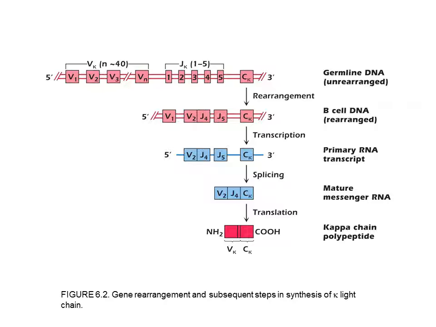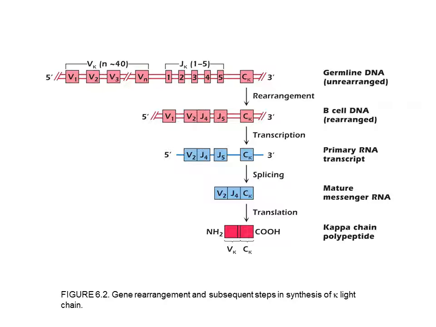In V we have roughly about 40 different sequences. In J we have about 5, so we pick up in J only 2, J4 and J5, and of course C will come as such, because that will be the constant chain.